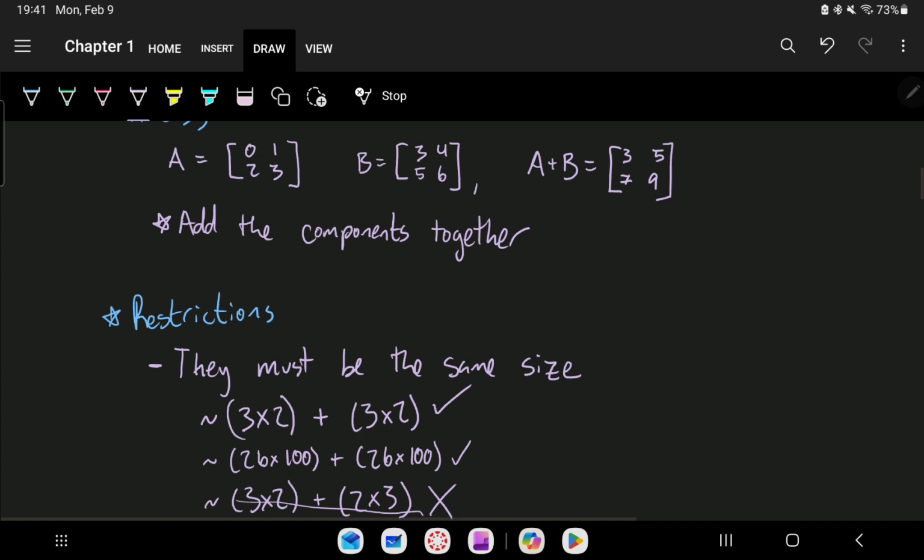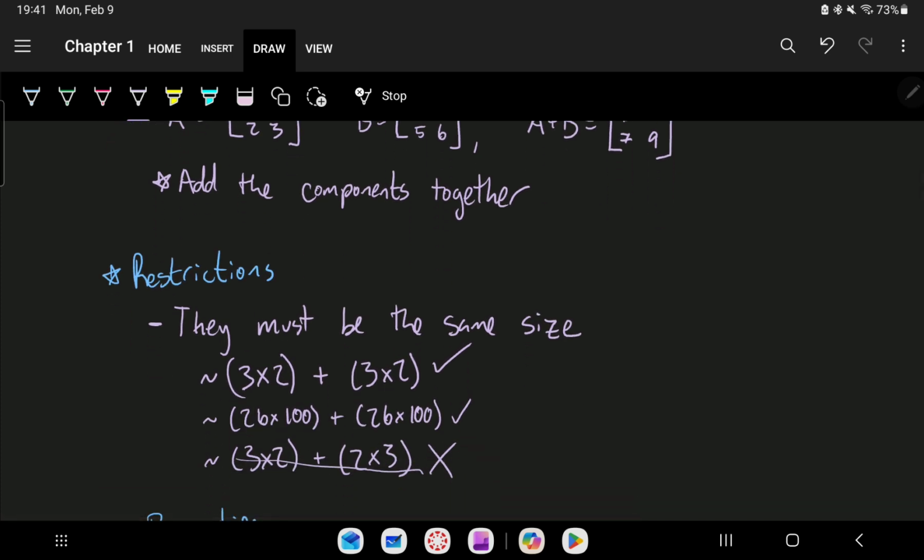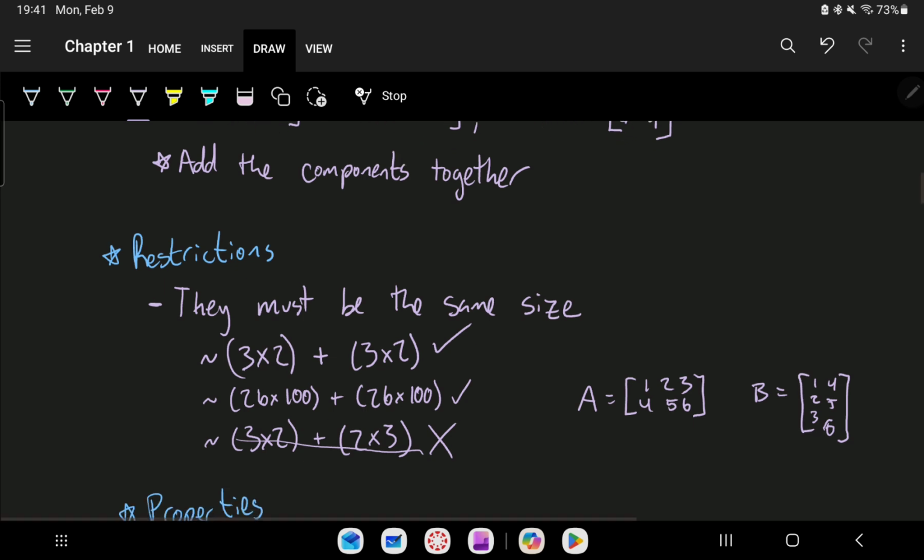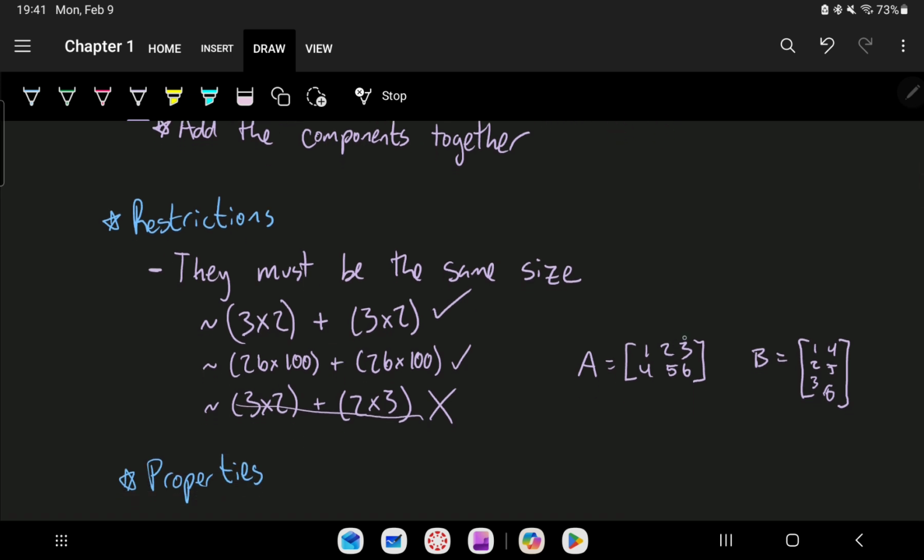And basically when you stop to think about that, that kind of makes sense, right? I mean, if A is going to look something like 2, 3, 4, 5, 6, like a 2 by 3 matrix. Remember, we're doing rows and columns, so 2 rows, 3 columns. And B is going to be a 3 by 2 matrix. Well, if we're going by components, and we need to put each component exactly where it goes in the solution, how are we going to add these together?